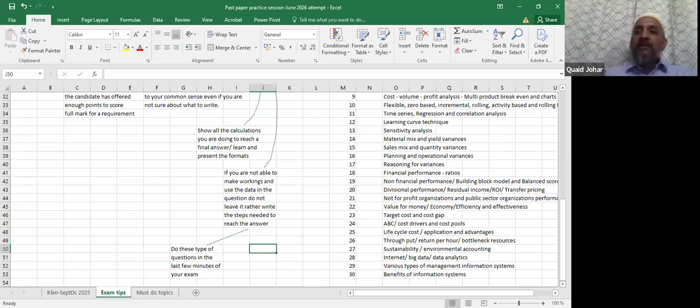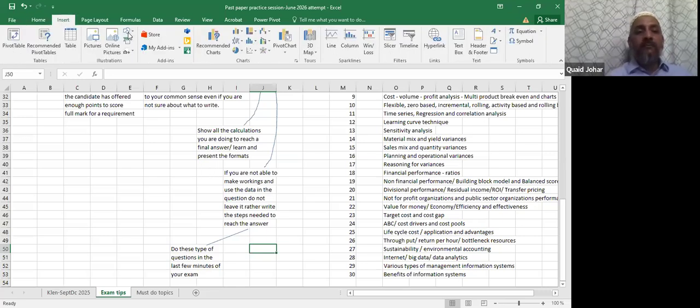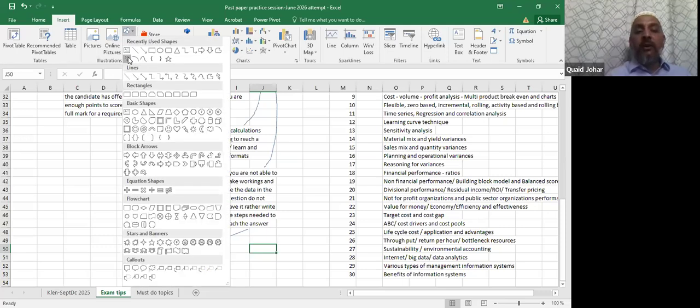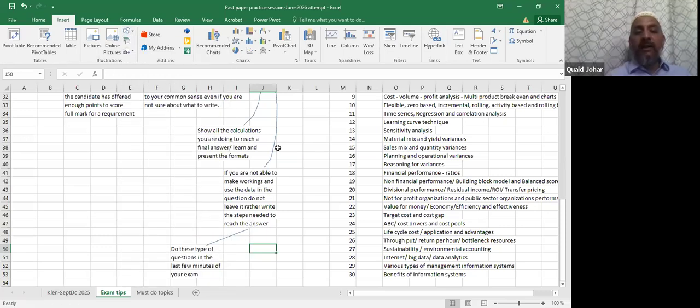So what happens is that sometimes in a hurry, we make calculations, but we do not write the comments. We do not write the decisions. So you're losing some easy marks. So obviously there can be a difference sometimes when you're getting 49. So it's not good that you are not completing all the requirements, the theoretical ones, and just doing the numerical ones.